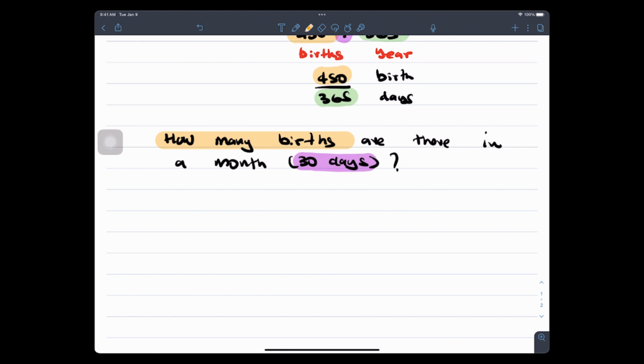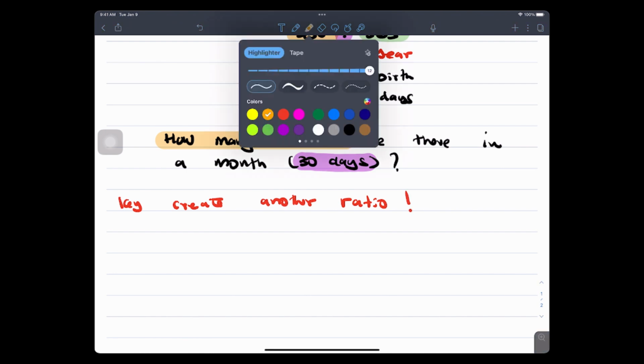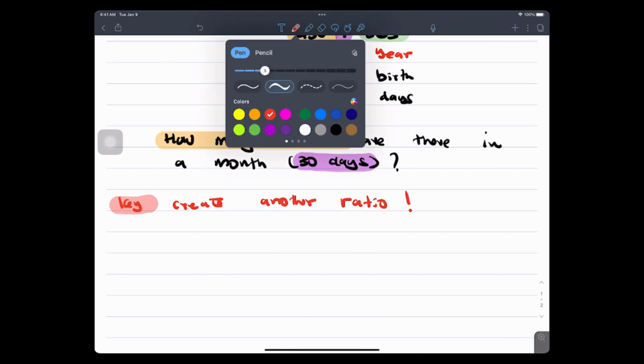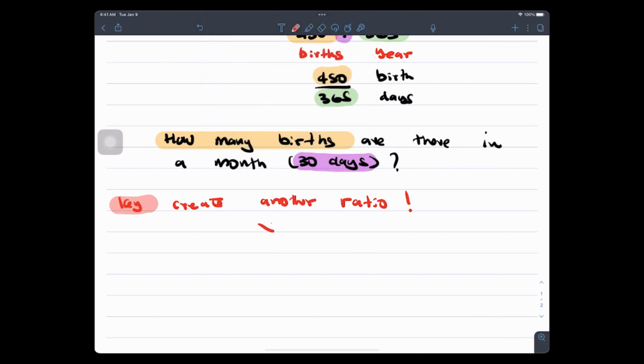You're going to create, here's the key, another ratio. That's the key. What do I mean by creating another ratio? What does that mean, to create another ratio? Do you guys know? This will be X what?